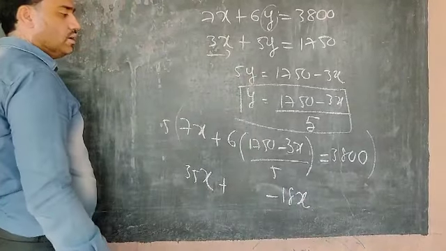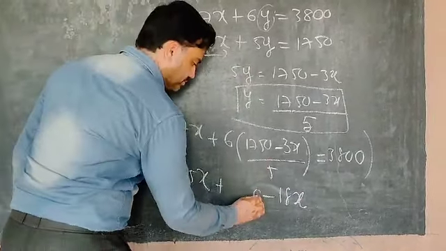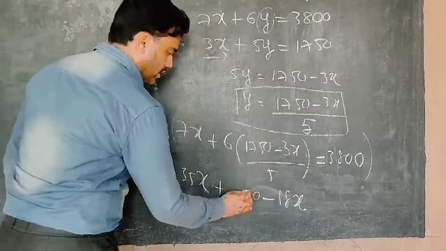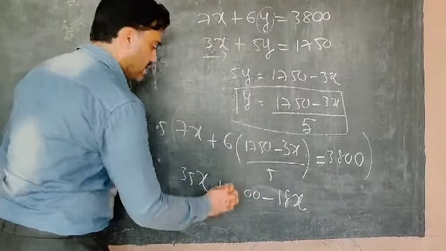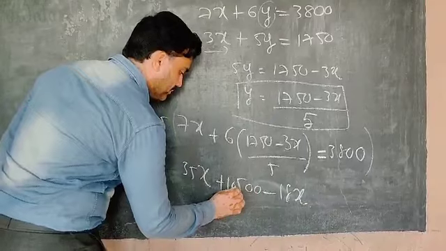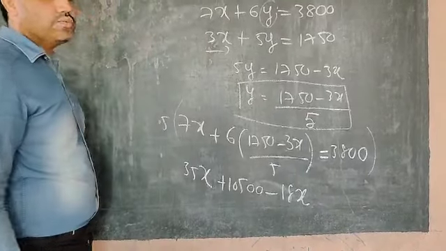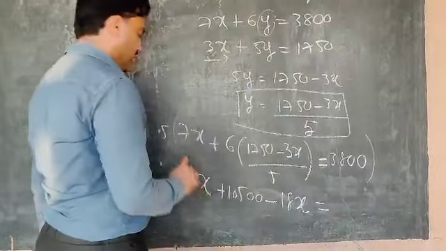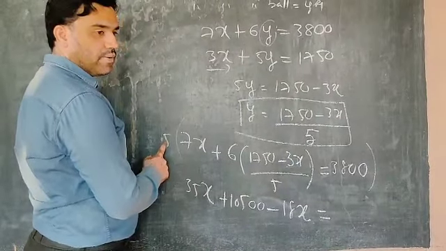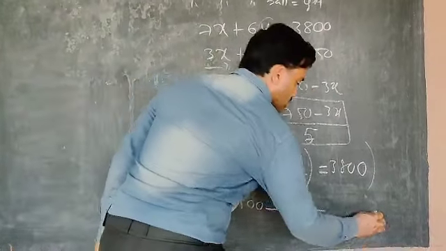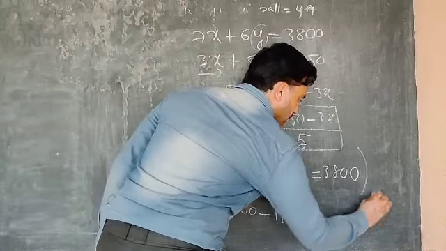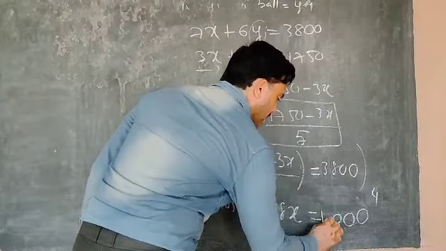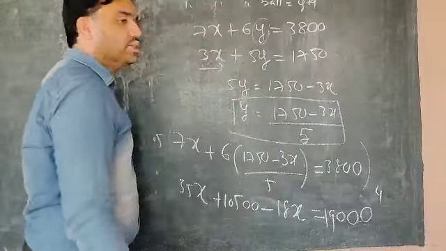Okay, so now 6 5s are 30. 17 6s are 102, 105. Okay, 10,500. Now the right side is multiplied by 5. So 0, 0, 5 8s are 40, 5 3s are 15, 19. So 19,000.